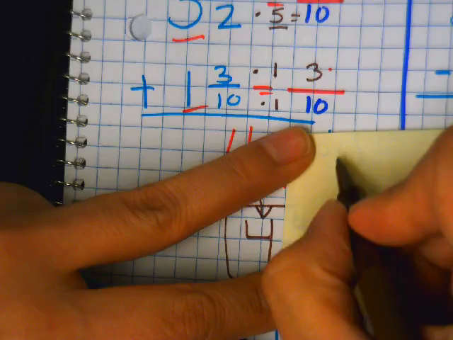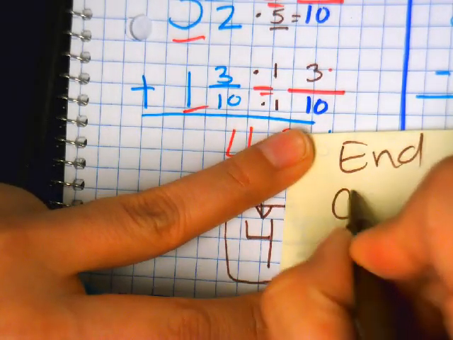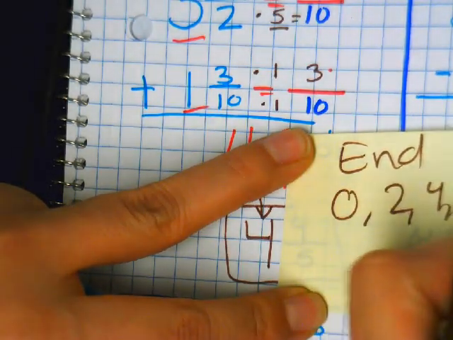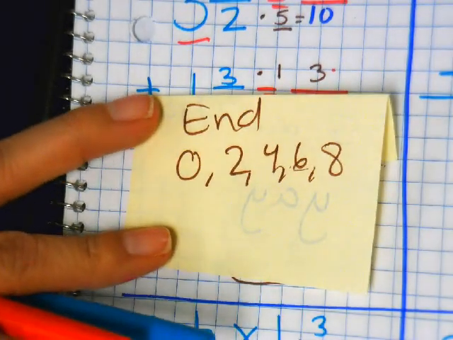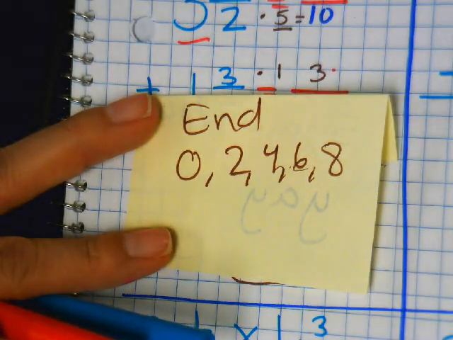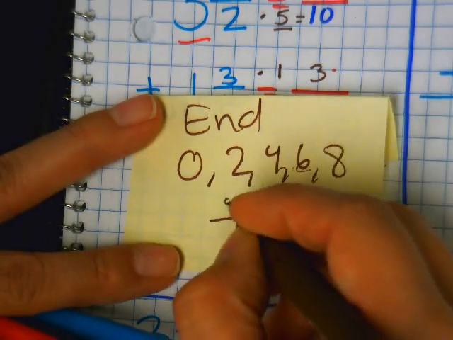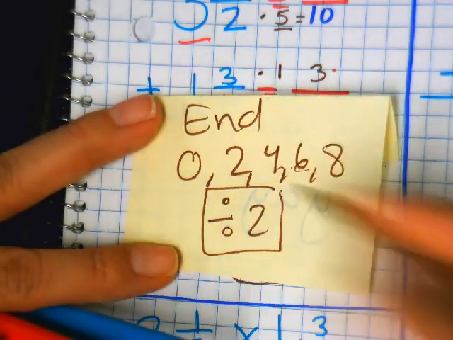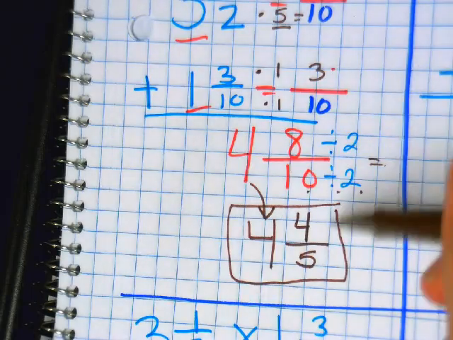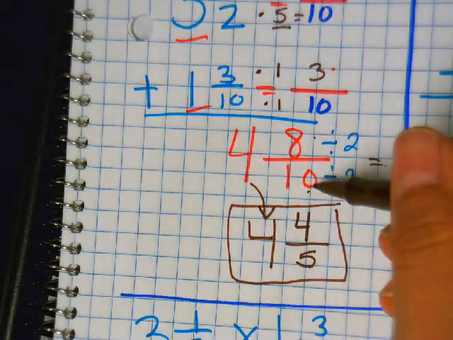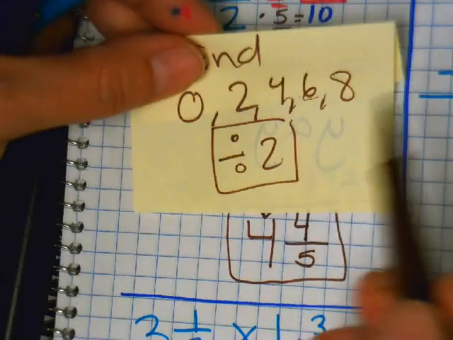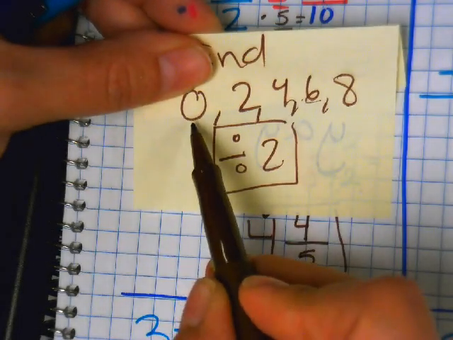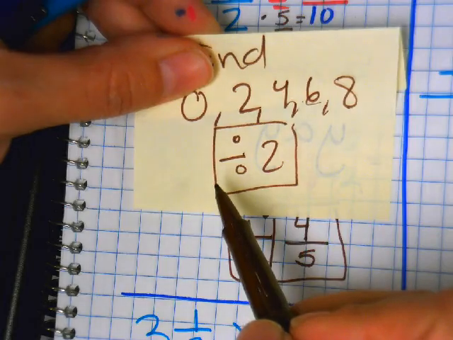If your answers end in 0, 2, 4, 6, or 8, what can I always divide by? 2. So if you look at your answers and you have 8 and 10, the 8 is an 8, and this one ends in a 0. That means I can simplify by 2.